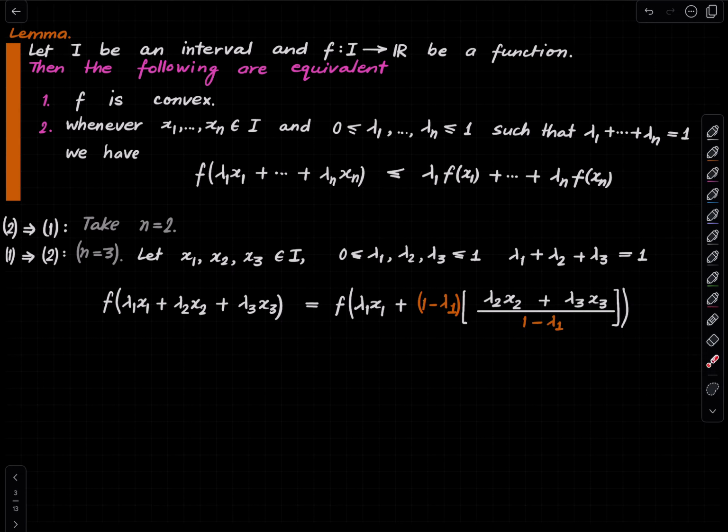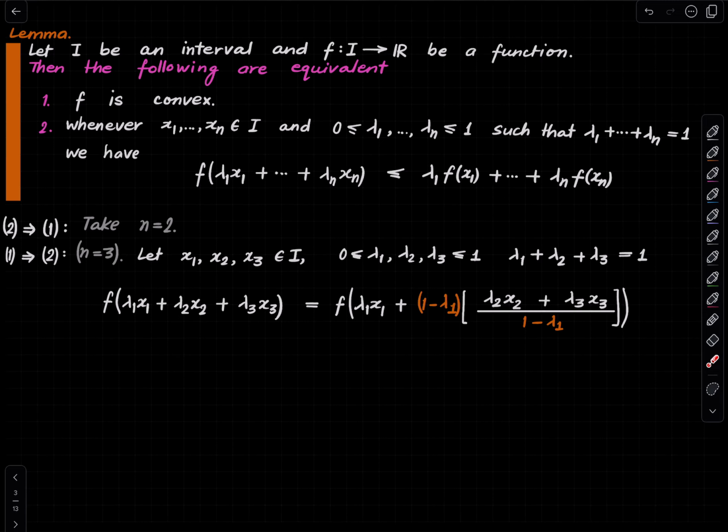Right? All we did was multiply and divide by 1 minus lambda 1, and now you can object, what if lambda 1 is equal to 1? Well, if lambda 1 were equal to 1, then lambda 2 and lambda 3 would then be 0, in which case this inequality would be trivial. So technically I should write that this equation holds only when lambda 1 is different from 1. But anyway, let's not be too pedantic.